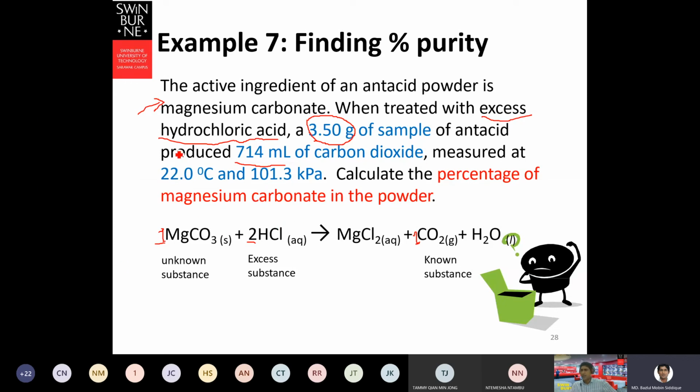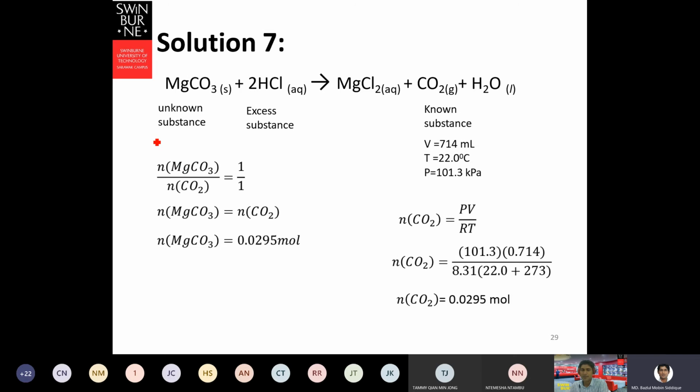Here it says 714 milliliters of carbon dioxide at 22 degrees centigrade and 101 kilopascals. From the gas law, n equals PV over RT, we use all these values and find it is 0.0295 moles of carbon dioxide.